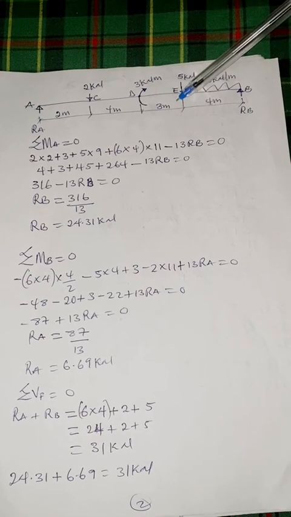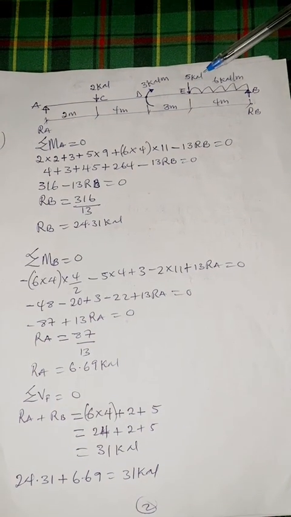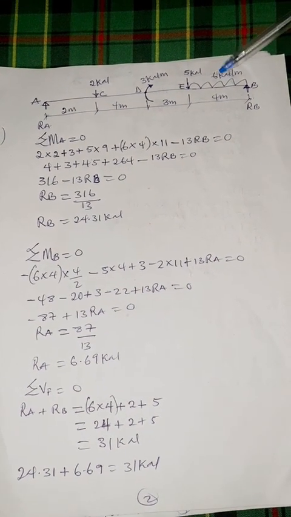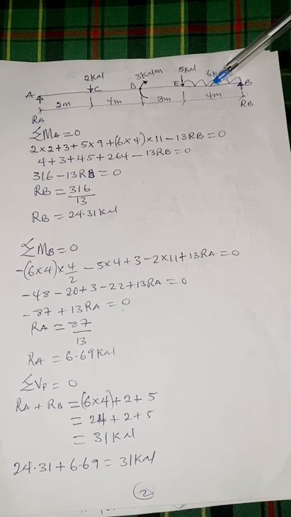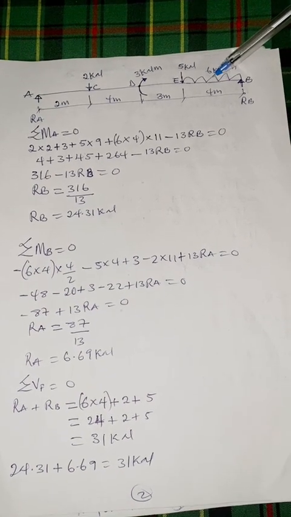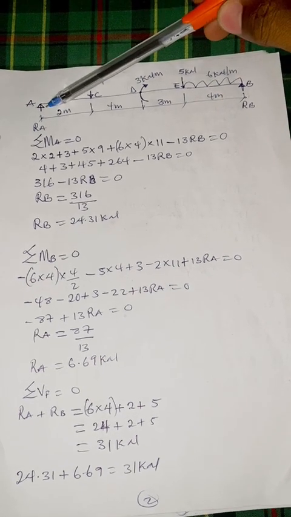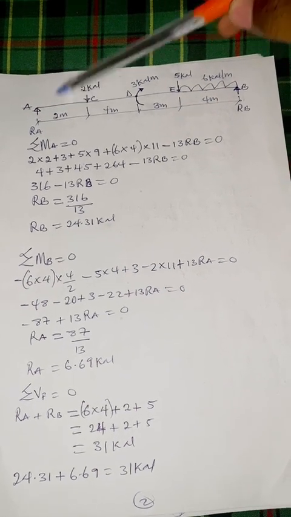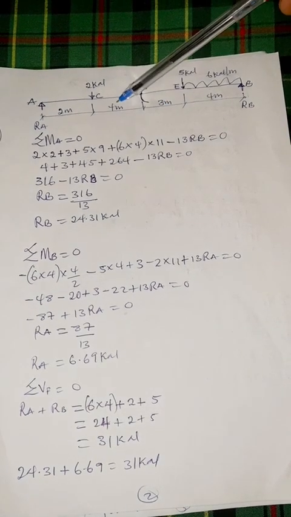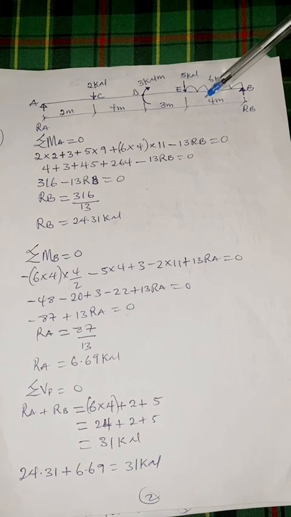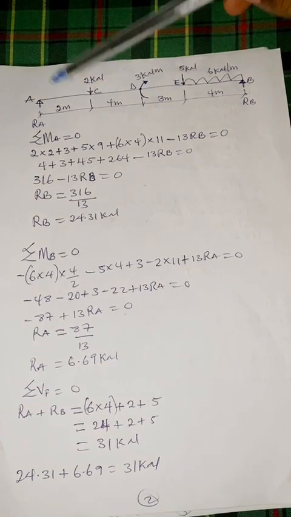Then plus the UDL, which is uniformly distributed load. At first, you have to convert it to point load by saying plus 6 times 4. Then it will act at the midspan, and the distance from midspan to the point where we are taking moment is 2 plus 3, which is 5, plus 4, which is 9, 10, 11.